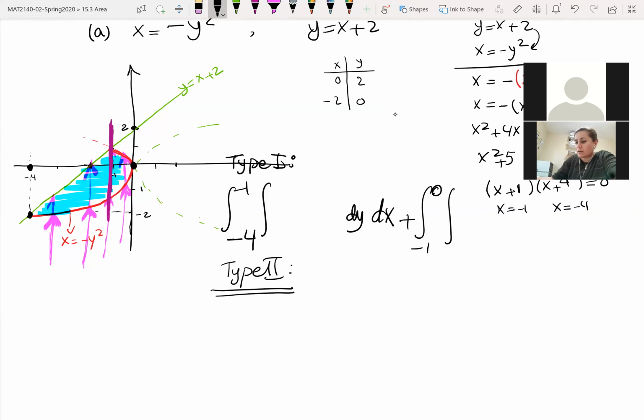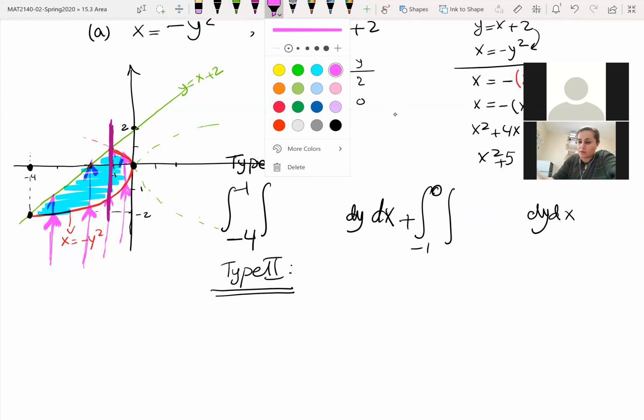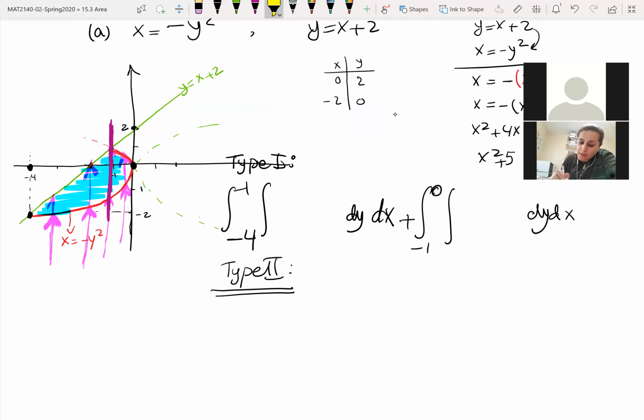So you have to write it in two different pieces. If I use the highlighter, moving from -4 to -1, my limits of integration go from here, the bottom piece, to here, the top piece.